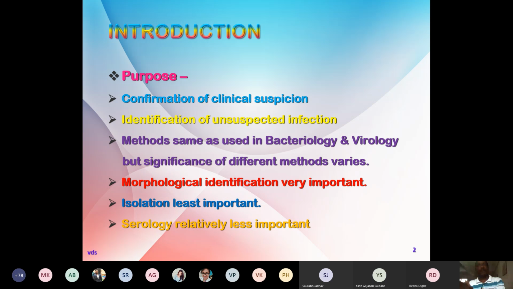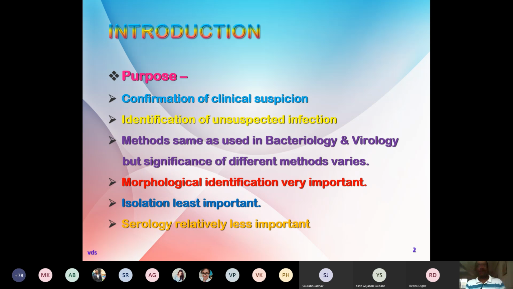Similarly, in virology, we are supposed to observe the typical appearance of the viral infection in the cells, particularly in microscopy. In the same way, in parasitology, all these techniques are one and the same, but the significance of each individual technique is different from bacteriology and virology.